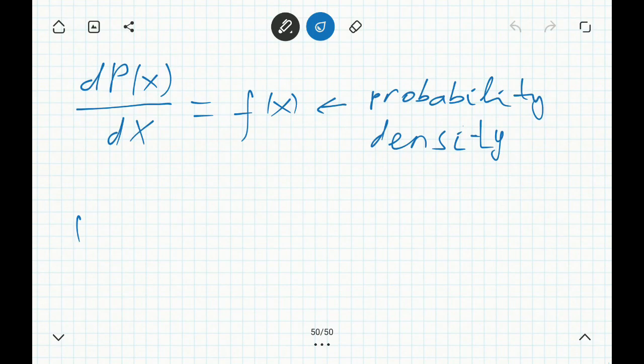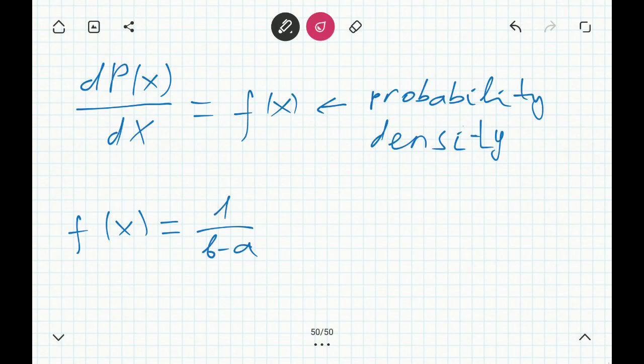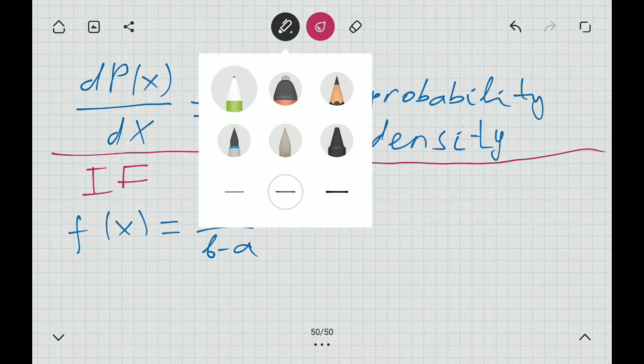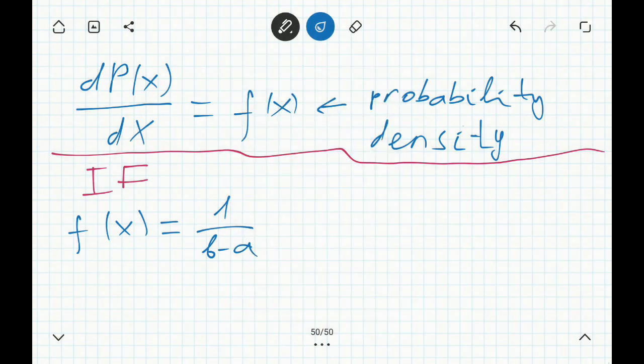So if your density is constant, like this, then we say that x has the uniform distribution.